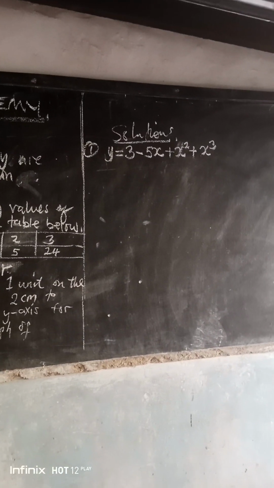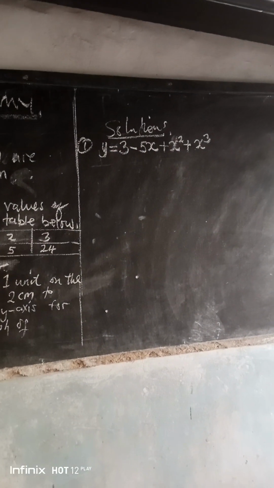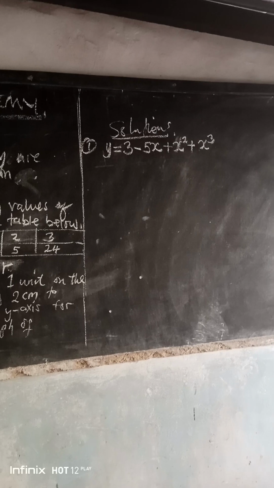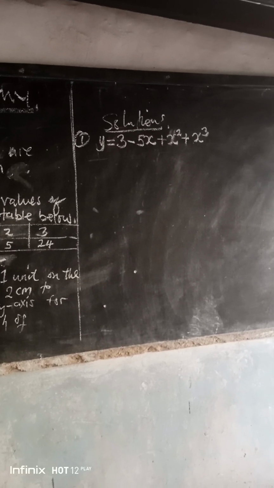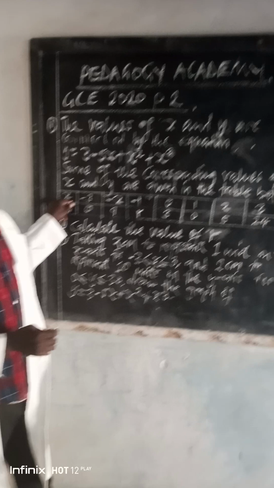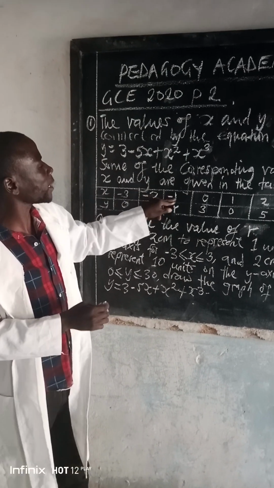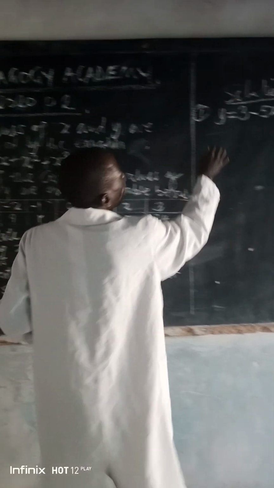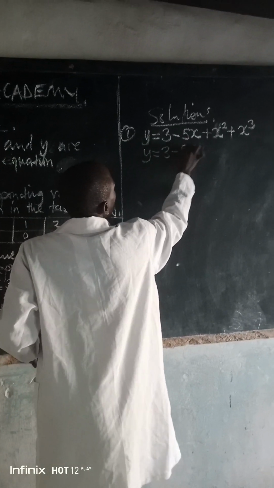Where there is x, it will be replaced by -1, because -1 is one of the values of x. So x is equal to -1.